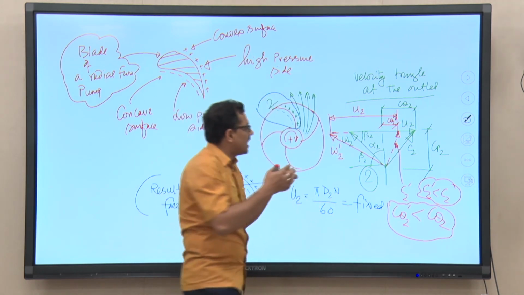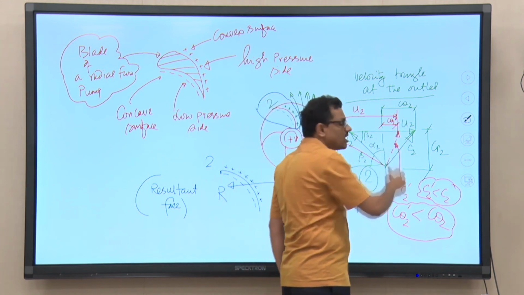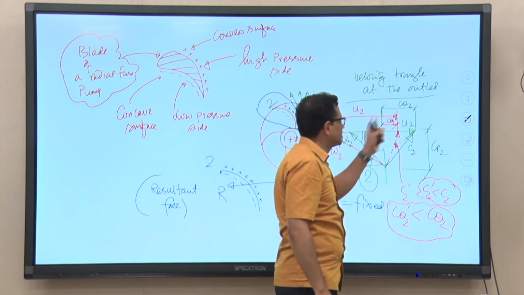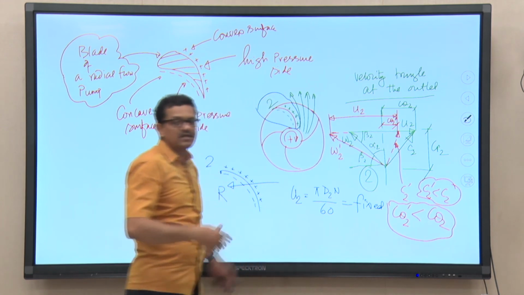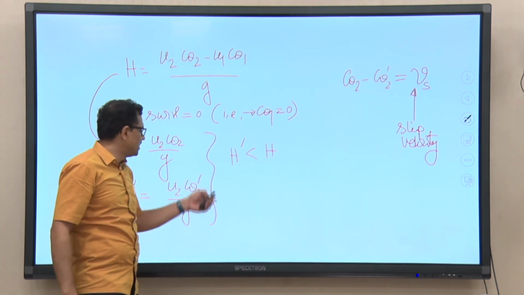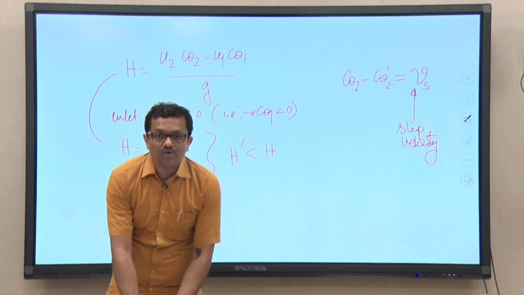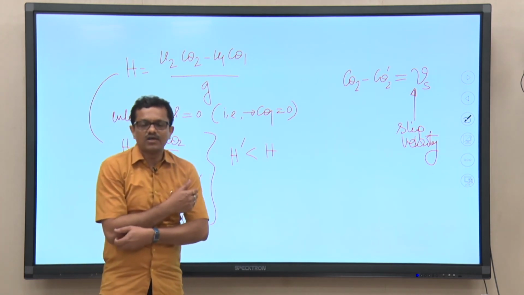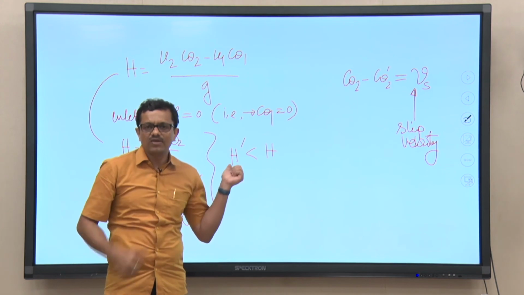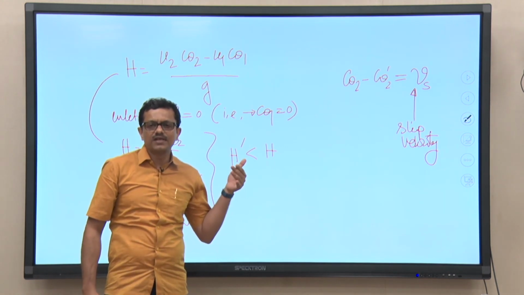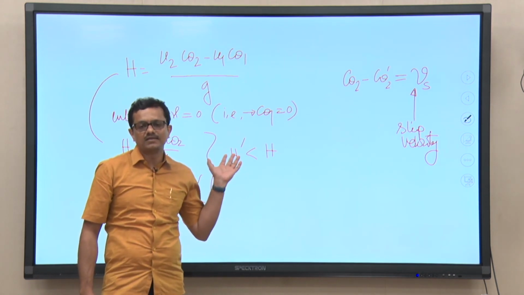So, it is slipping, and the new swirl component of velocity at the outlet is C theta 2 prime, as a result of which the head developed by the pump will be less. Okay. So, we have tried to understand why slip is there in the pump in the context of pump operation, and then we have understood that because of this slip, the head developed by the pump will be less.